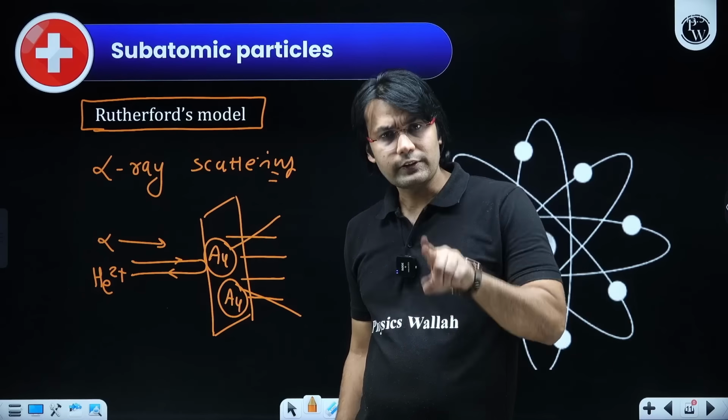Now let us relate these quantum numbers with our atom, one by one. First of all, the principal quantum number. You can understand it like this: the principal quantum number values represent the orbit.